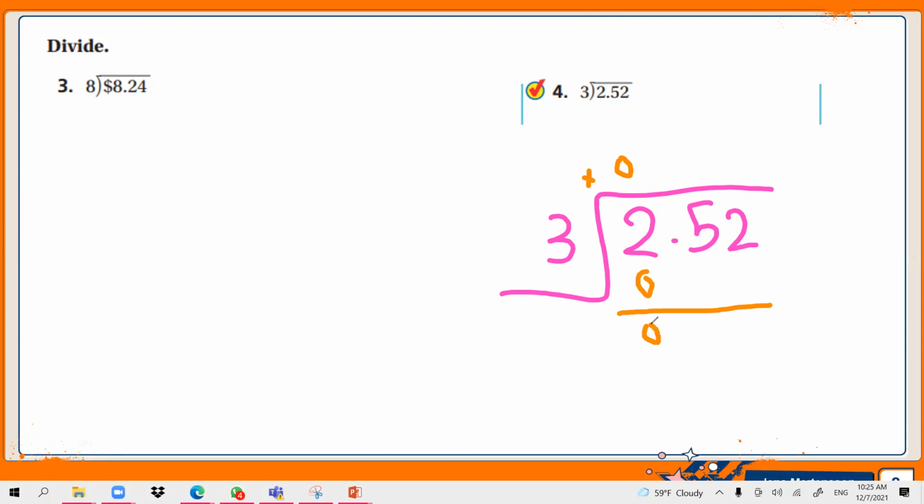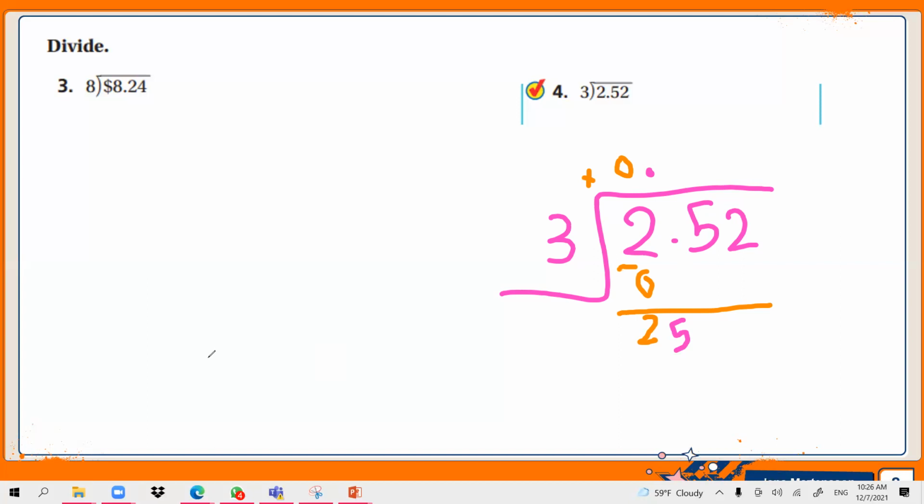So after I divide the ones, I will subtract now, and the remainder is 2. Then after 2, what did I see here? Oh, I see the decimal point. So I will write it here. Then I will bring 5 down. Then 25 divided by 3.